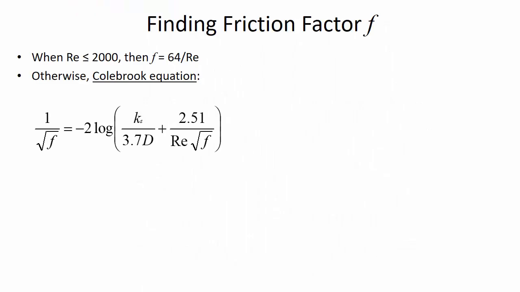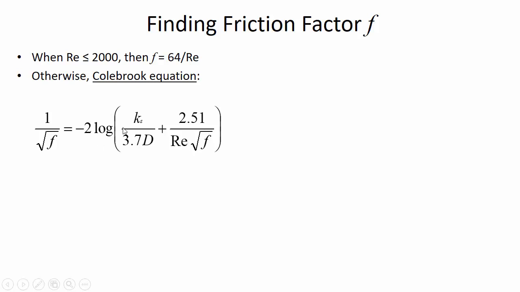So instead of using the Moody diagram, the Colebrook equation is a way of calculating it directly. Now, the Colebrook equation is itself a little bit cumbersome, because if you look, the F value that we're looking for is on both sides of the equation, and it happens to be buried in the denominator. On the left side under a square root, on the right side it's under a square root in the denominator and within a log function.